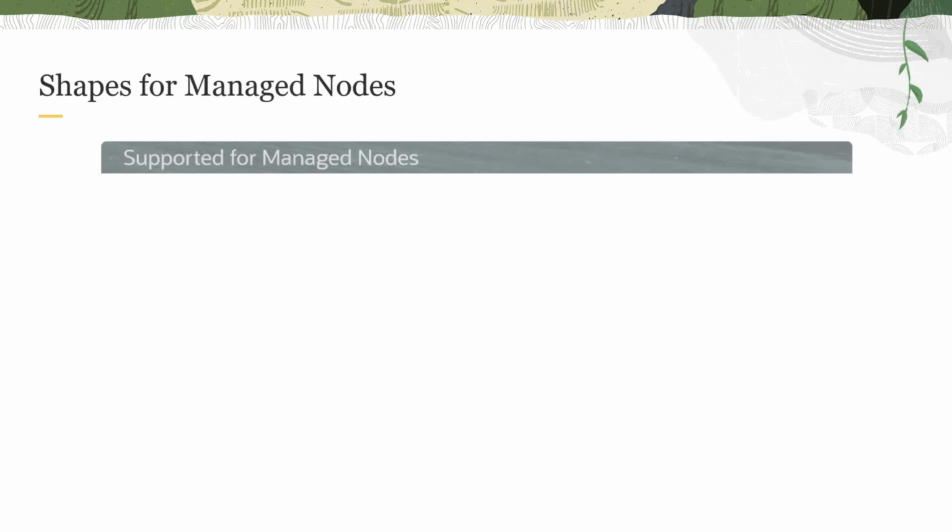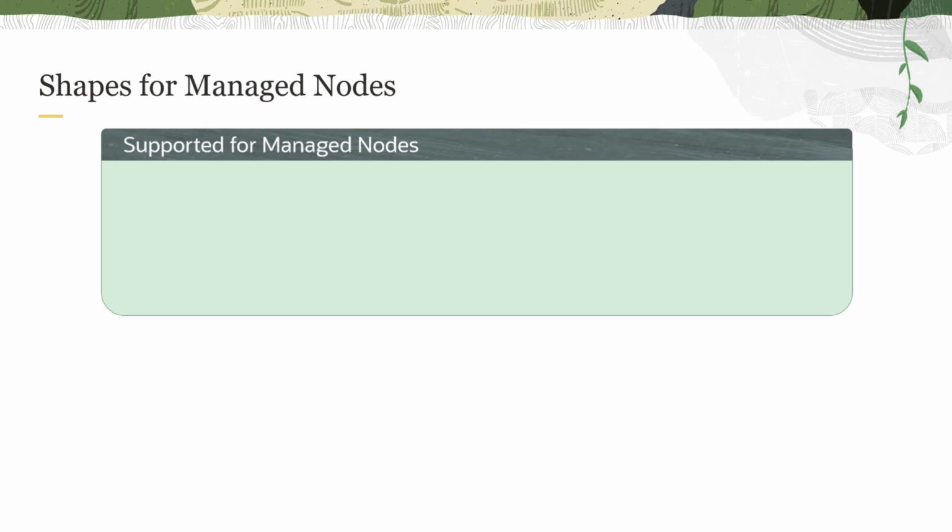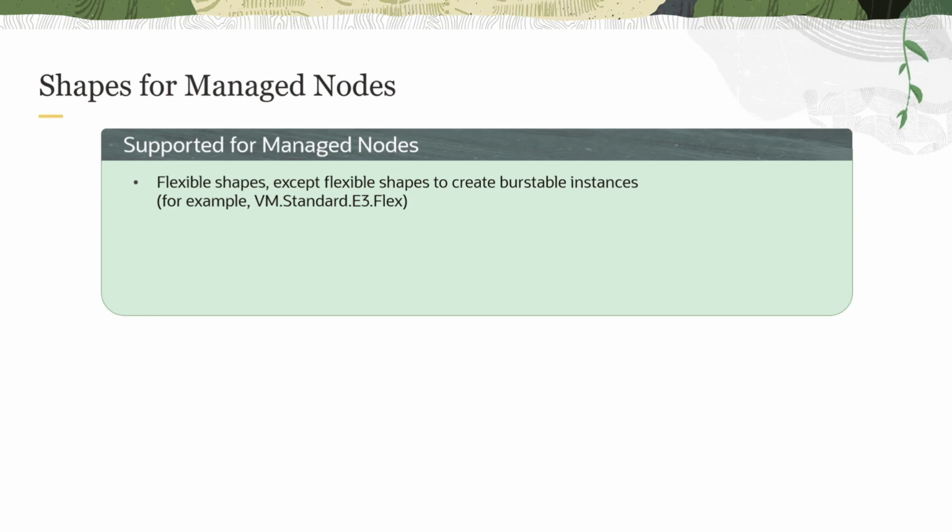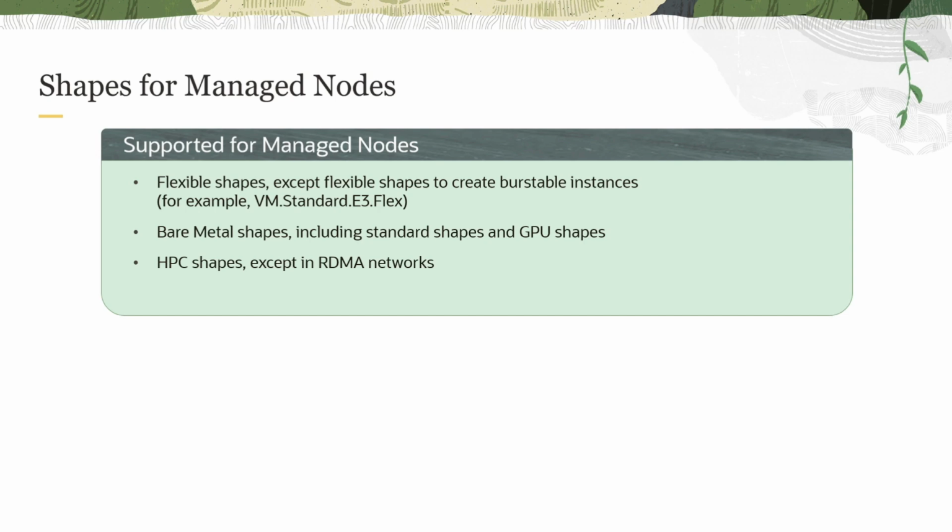It's crucial to choose the right shape for your managed nodes to ensure optimal performance and resource allocation. For managed nodes, we have several shapes that are supported, and these include flexible shapes, with the exception of flexible shapes for burstable instances like VM.Standard.E3.Flex. We have bare metal shapes, which encompass both standard shapes and GPU shapes. We have HPC shapes except in the RDMA networks.